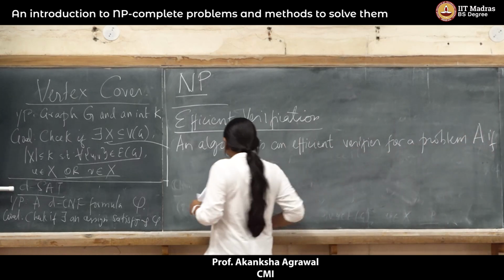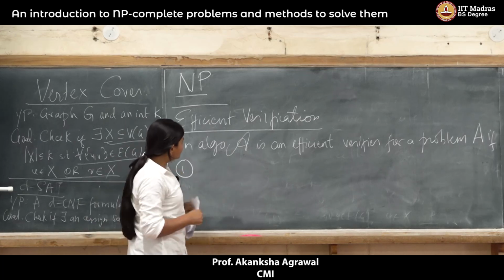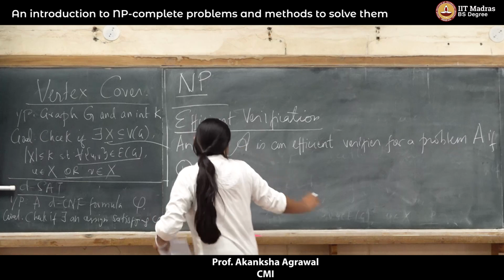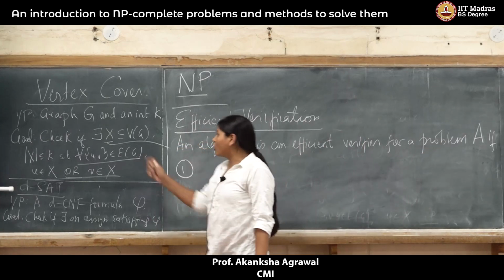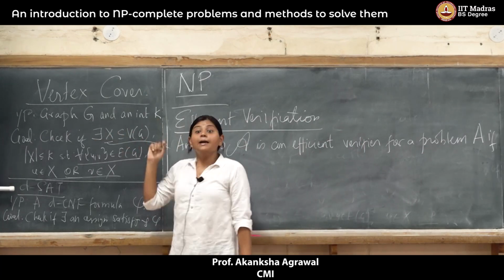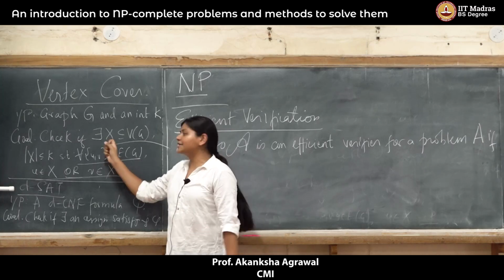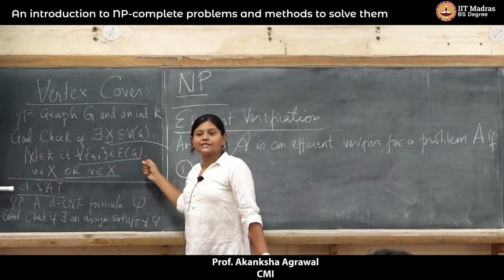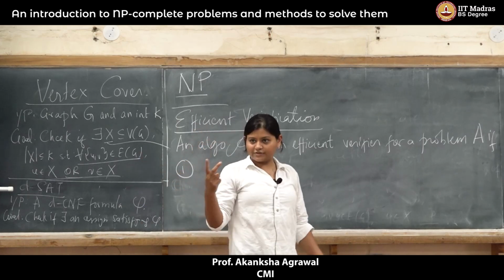Okay. Firstly, this algorithm now not just takes the string. If you look at A as your vertex cover problem, it not only takes a graph and a number K, but also it asks you to give the set X. It will only check whether X is satisfying these conditions or not. So it takes two strings. Okay.